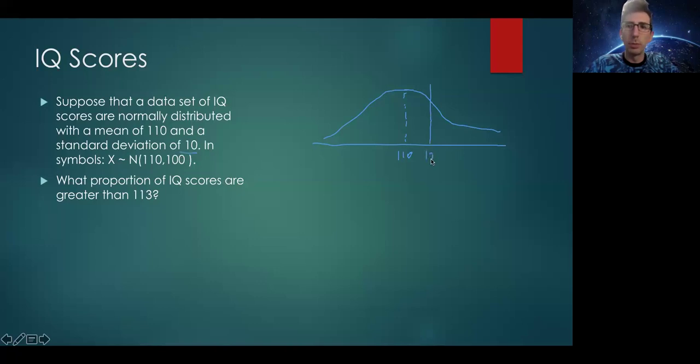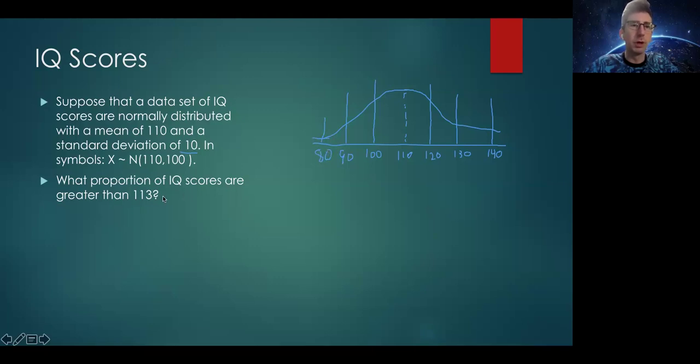So as we go up one standard deviation, we'll add 10 to get to 120. And then 130. And finally 140. Going down, we'll go down by increments of 10. So one standard deviation will be 100. Two standard deviations will be 90. Three standard deviations will be 80.